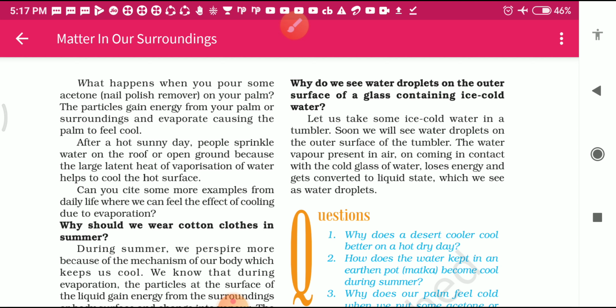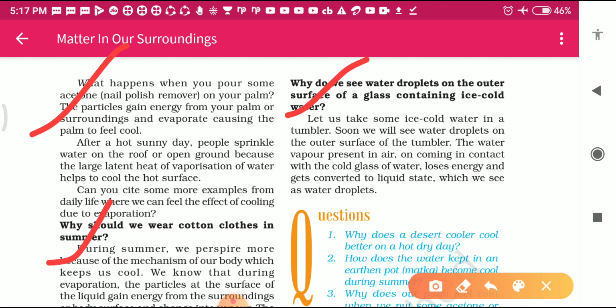So students, I hope you understand how cooling is caused by evaporation. All our examples are given here related to our daily life, what happens in our daily life. Then you can understand better with these examples.